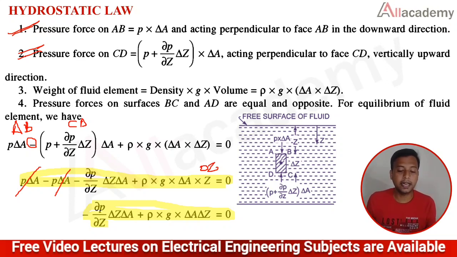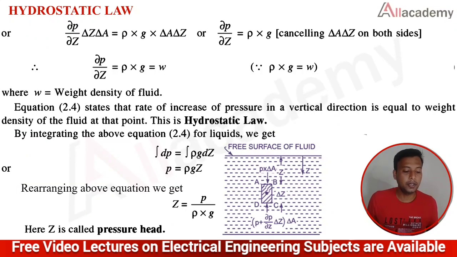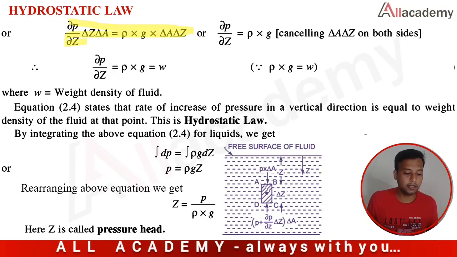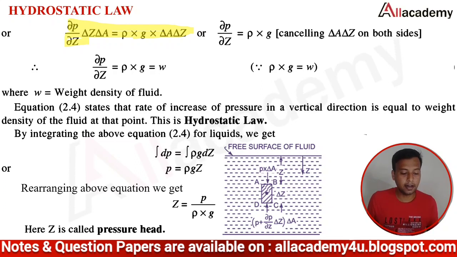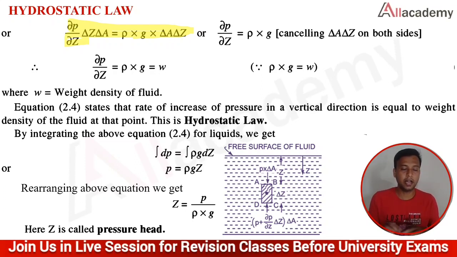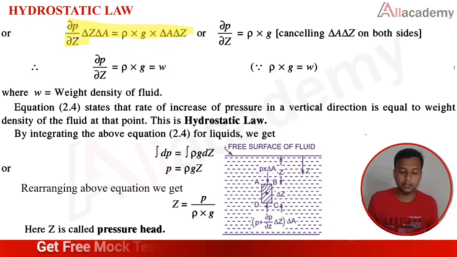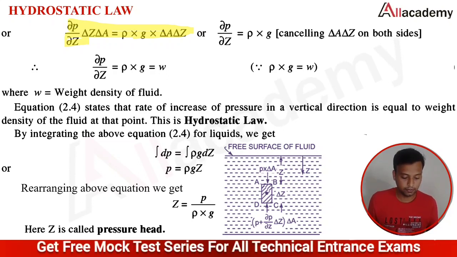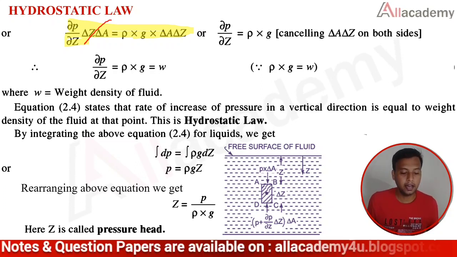Now if I rearrange this equation, dou P by dou Z into delta Z delta A will be equal to rho g into delta A delta Z. So this is the simplified equation. I have just rearranged this one, so the negative sign is eliminated. Now you can cancel delta Z and delta A on both sides.